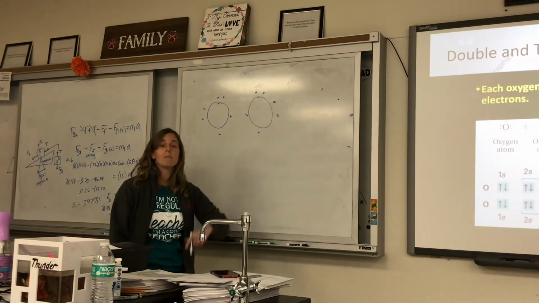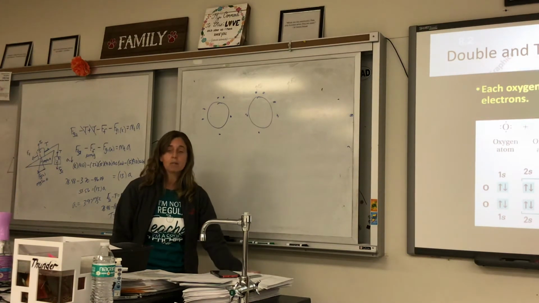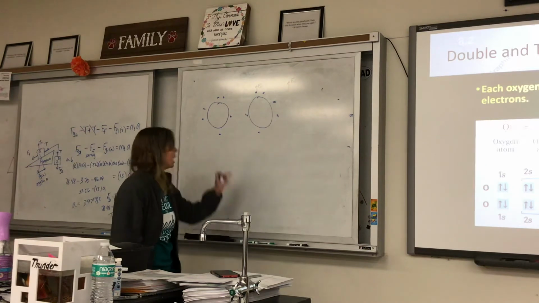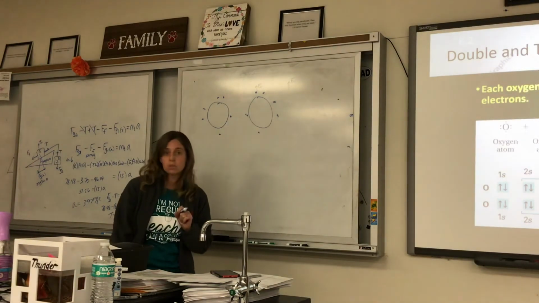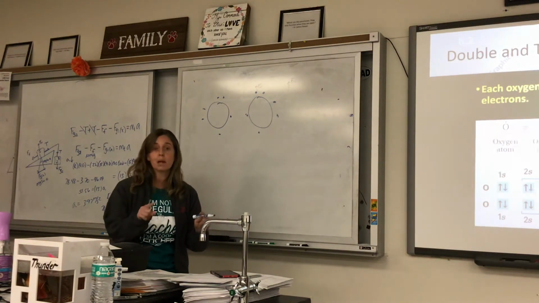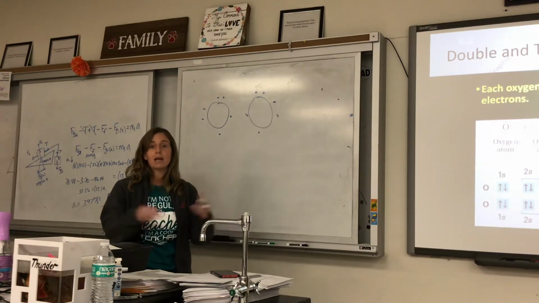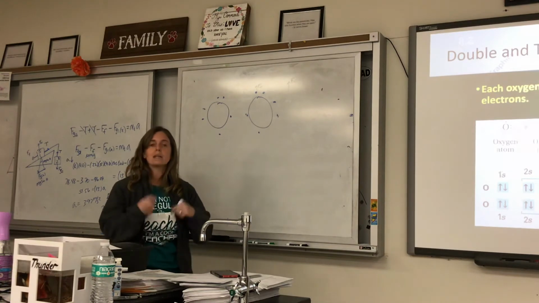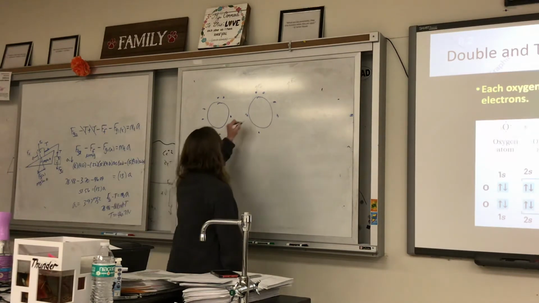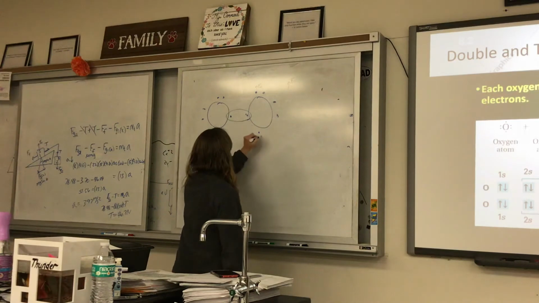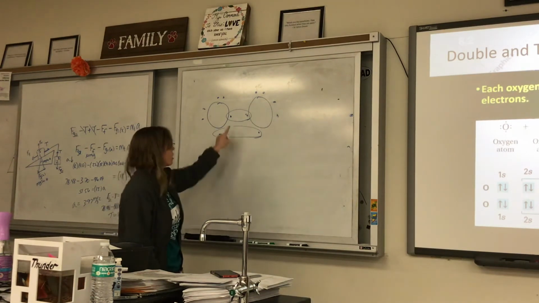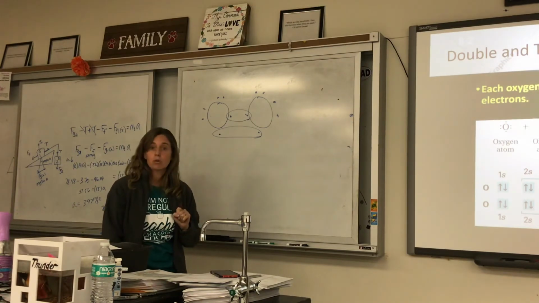Now, how many does it need to make 8, okay? Think about it. It has 6, so it needs 2 electrons to make 8. Each oxygen needs 2 electrons, so they're going to share between them so that they both get 8 electrons. Now, they have to share how many? 2, because they need 2 electrons. So I'm going to draw a circle here, and I'm going to draw a circle here, which means it's sharing 2 electrons per circle, okay?